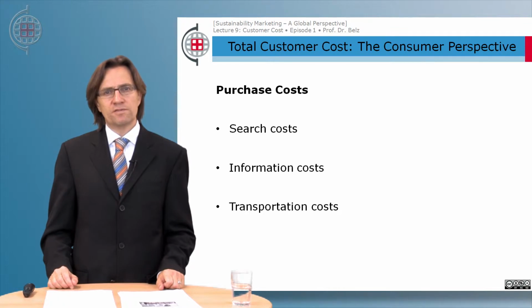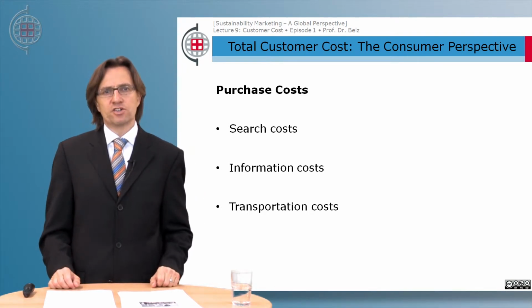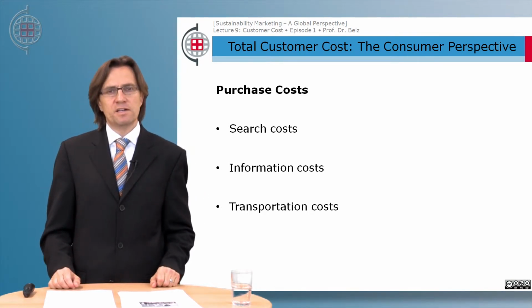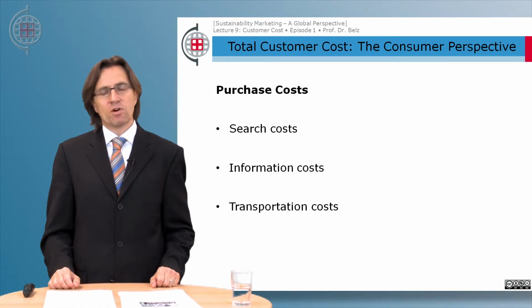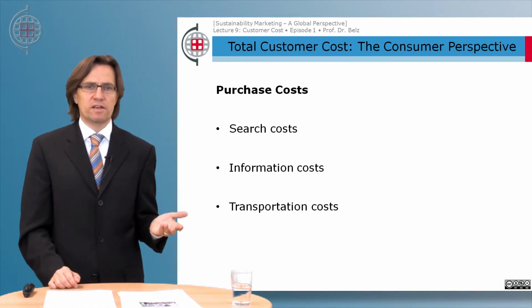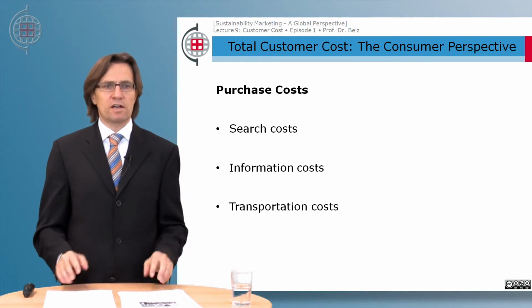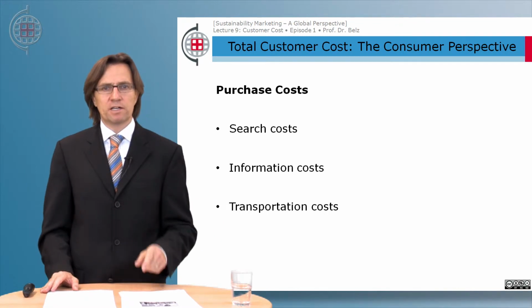You also have information costs, the cost you have to acquire the information. And finally, transportation costs. If you buy the conventional product or the sustainable product in a retailer, let's say, which is outside of town, you have to go there by public transportation or by car.